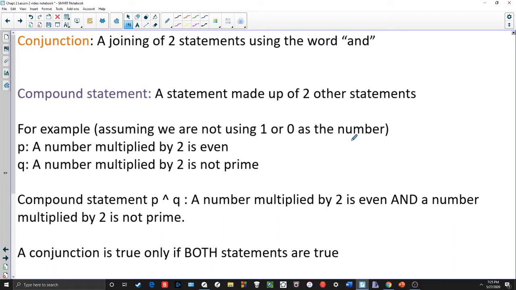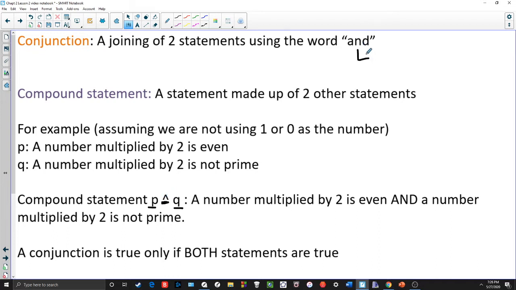So for example, let's have two statements here. P: a number multiplied by 2 is even, and Q: a number multiplied by 2 is not prime. This is assuming we're not using 1 or 0 as the number. A compound statement, usually in math terms, is written with this little caret symbol, so this would mean P and Q. That little caret symbol means the word and.